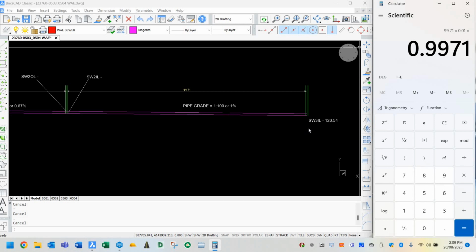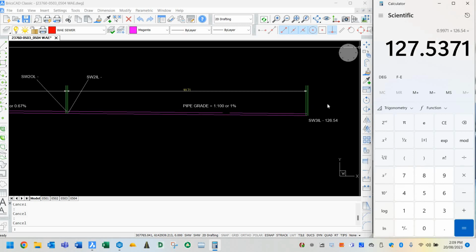To calculate the invert level at SW2, we add that rise onto the invert level at this point, plus 6.54.